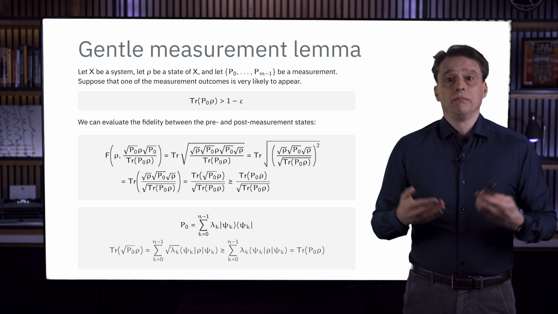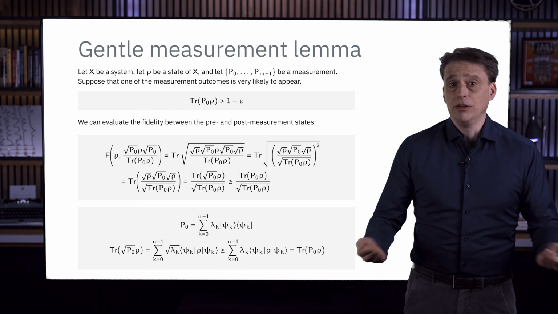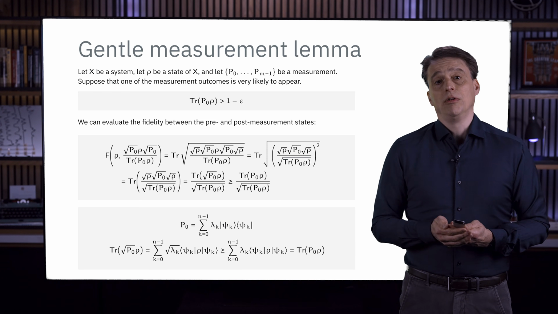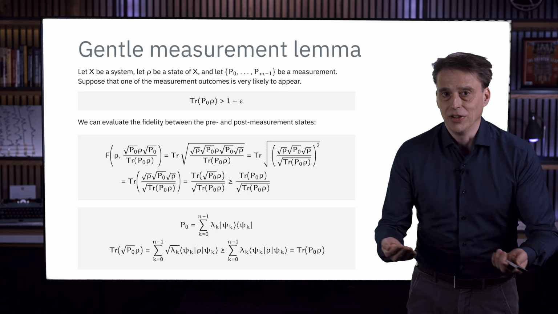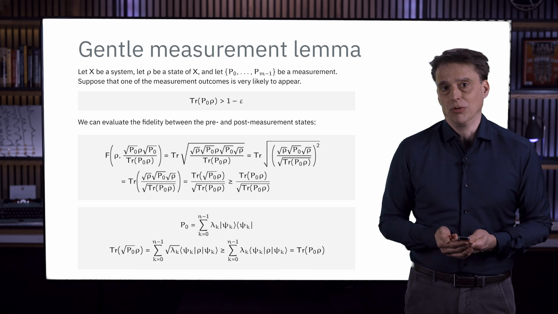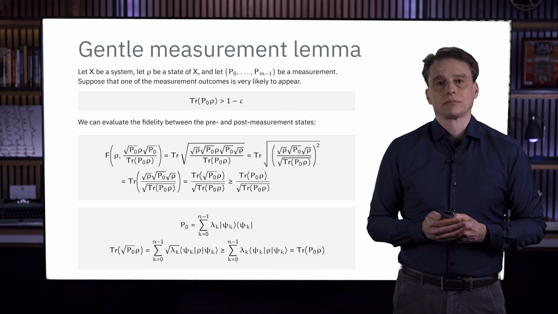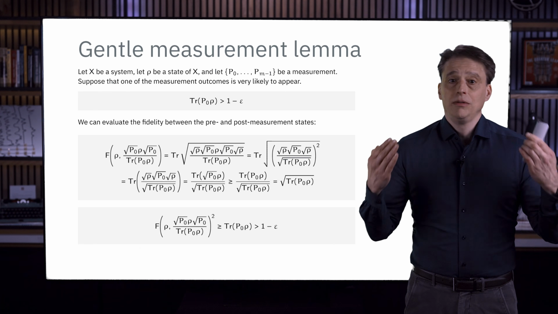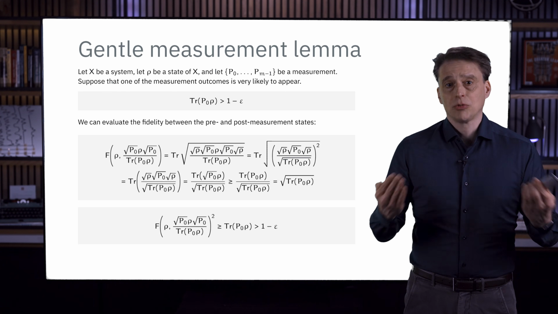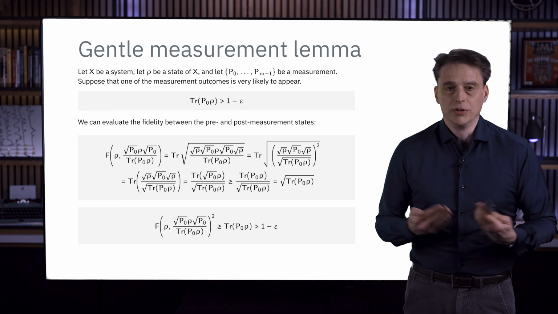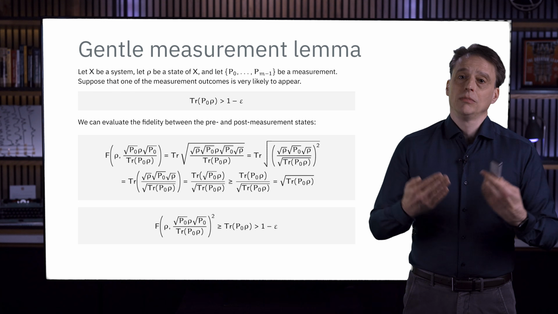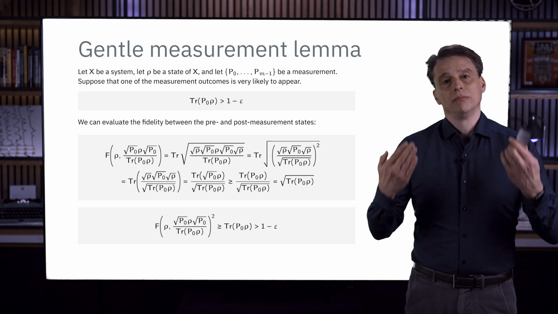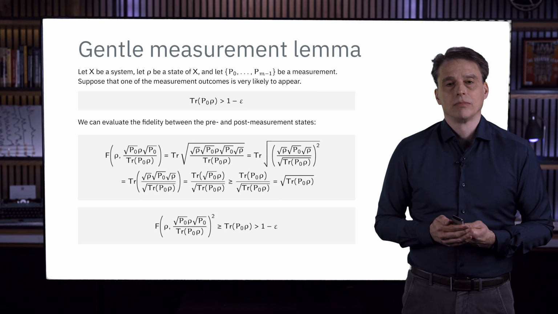And once we know that, the inequality follows pretty directly from the fact that taking the square root of a number between 0 and 1 can only make it larger. Another way to say that is that squaring a number between 0 and 1 can only make it smaller. We can now simplify just a little bit more, and we get the square root of the trace of P0 times rho. Finally, squaring both sides and plugging in our bound on the probability gives us what we want.